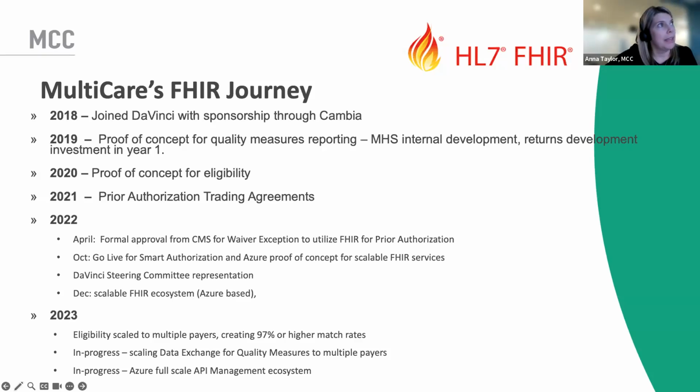We kept the journey going. So we went into doing some prior authorization work. This is more focused on the fee-for-service world, but also helps value-based care as well. And we implemented a full FHIR service under the CMS waiver to utilize FHIR to do our prior authorization work.